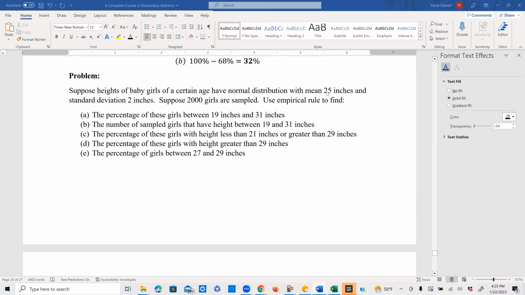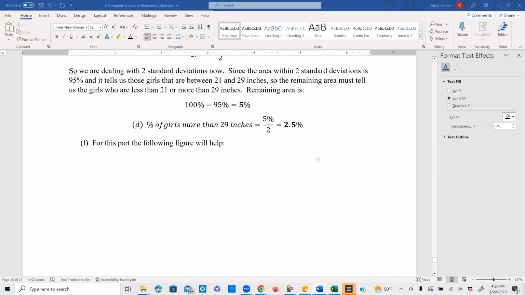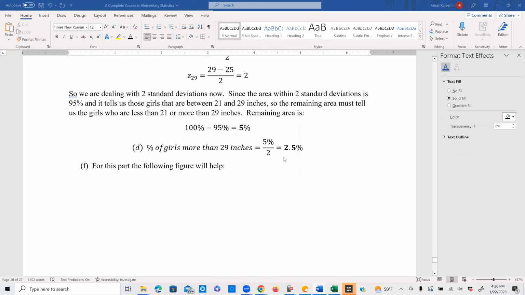And in all these previous parts, one number used to be below the mean, one number used to be above the mean. And it was no issue. It was quite a straightforward application of empirical rule. In this case, if you notice, both 27 and 29 are above the mean. So therefore, that colored graph that we saw earlier will be very helpful here.